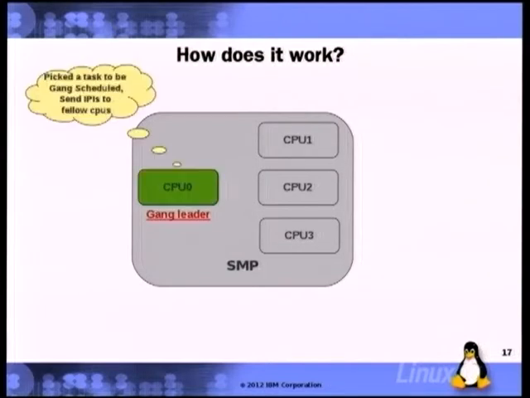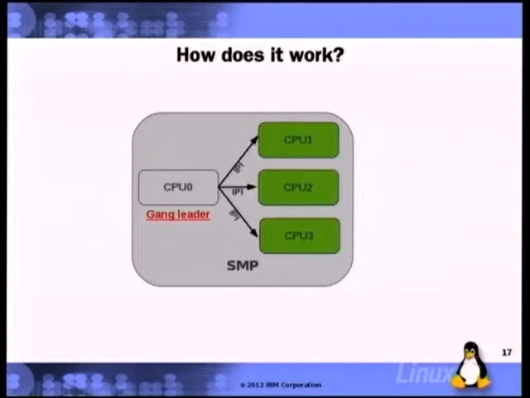Whenever a task is picked on CPU 0, it checks whether this task has to be gang scheduled. There is a flag which it checks to see whether it's set to do gang scheduling. If it is, it sends IPIs to its fellow CPUs, CPU 1, 2, and 3.